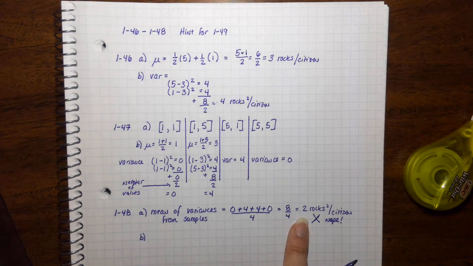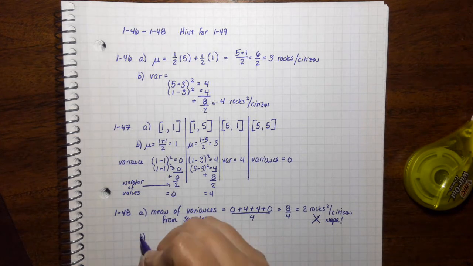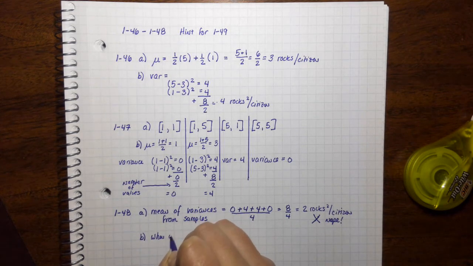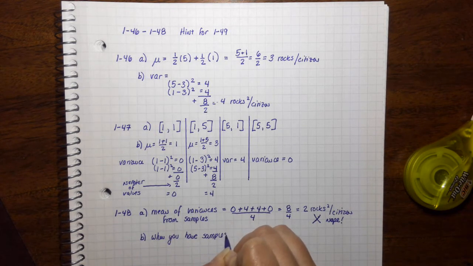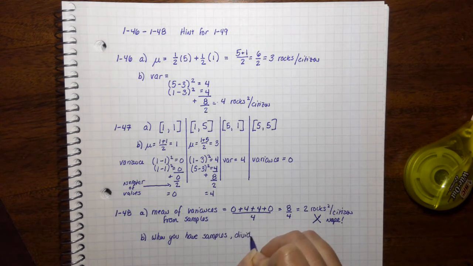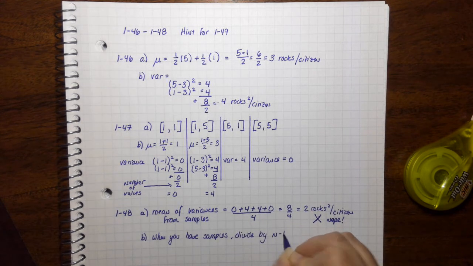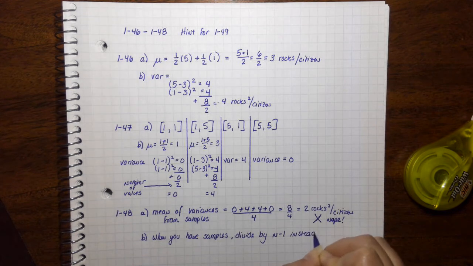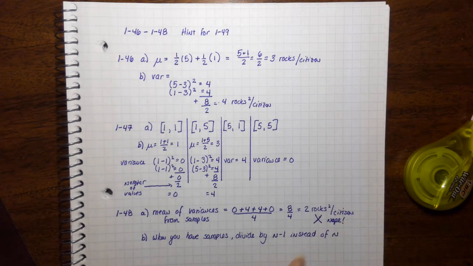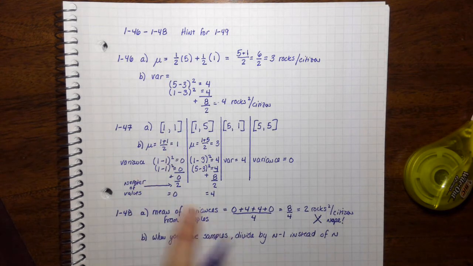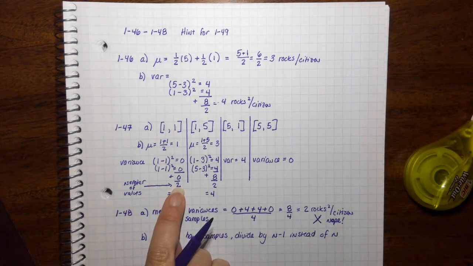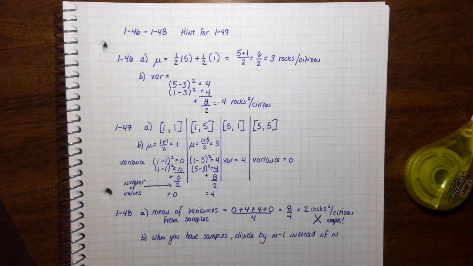The reason is because we are working with samples. So when you are working with samples, you divide by n minus 1 instead of n. Since I have 2 numbers in my sample, I'm going to divide by 2 minus 1 instead of dividing by 2. And then you can see what happens.